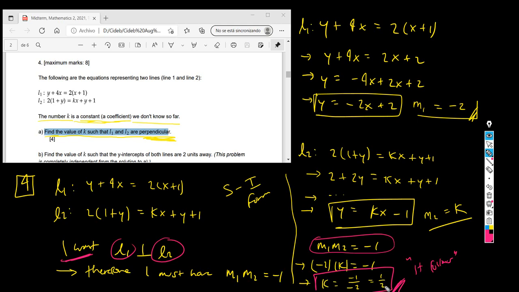If k is 1/2, then the multiplication of the slopes is -1. And if that happens, then line 1 is perpendicular to line 2. That is the thought process. That is how you arrive at the solution of this problem.